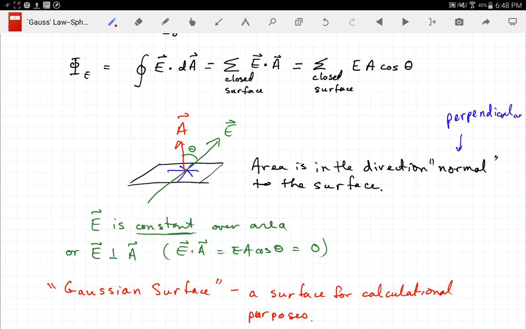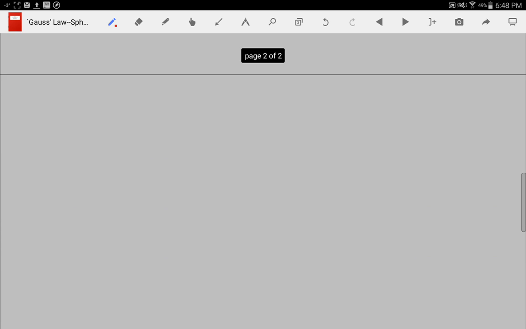So I'll use a spherical shell to match the symmetry. The electric field then will be constant over an area with constant radius, and the angle between the area and the electric field will always be 0 degrees. So let's go to looking at a problem.